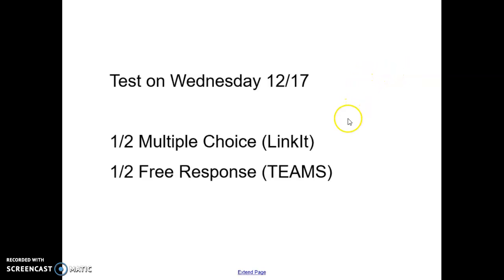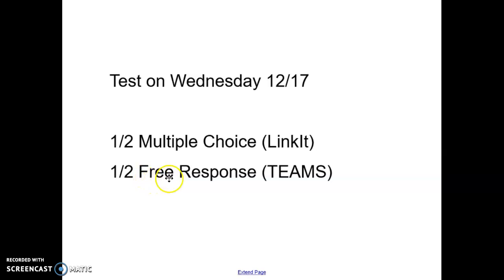Today I want to remind you that we are having a test tomorrow on Wednesday, December 17th. Half of the test will be multiple choice, which will be done on the Linkit platform. I will provide you a link and a test code to go in and take that part of the test.